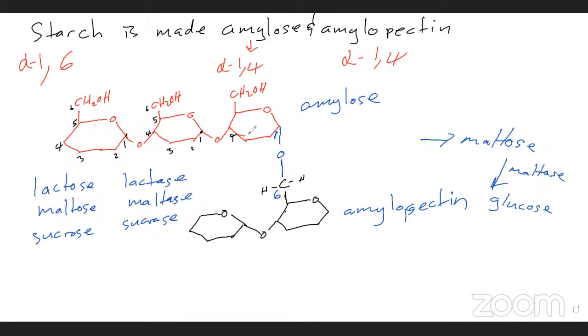If you're breaking up starch, you have to break it down into something simpler. Amylose is not simple. It is still a polysaccharide. So you break it down into maltose, which is a disaccharide, and then maltase will break it down into glucose, which is your monosaccharide.